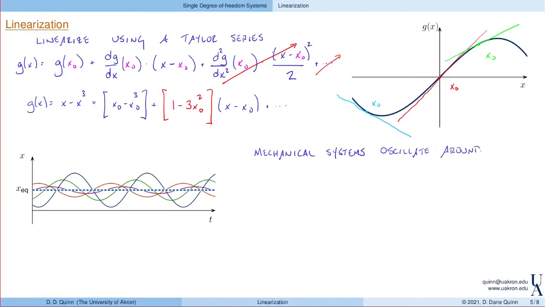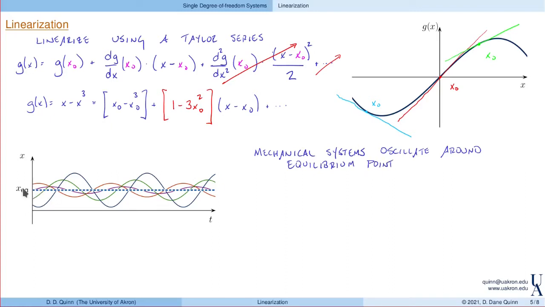So if you look for the equilibrium points of your system, then our response usually stays close to those, provided the initial conditions are close to the equilibria.